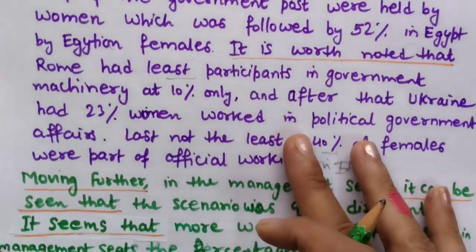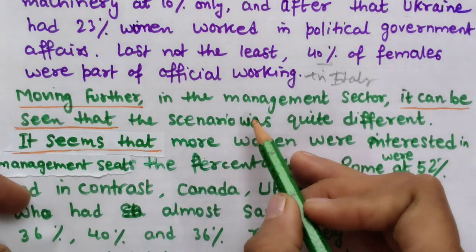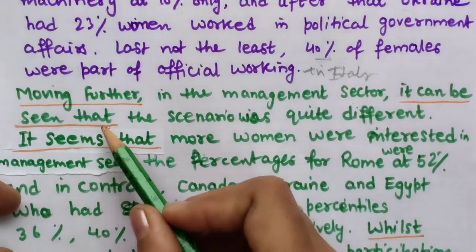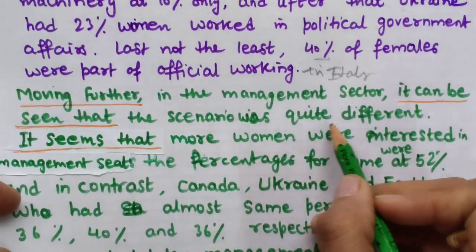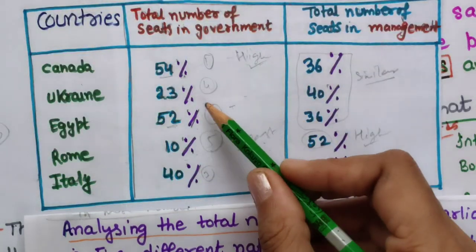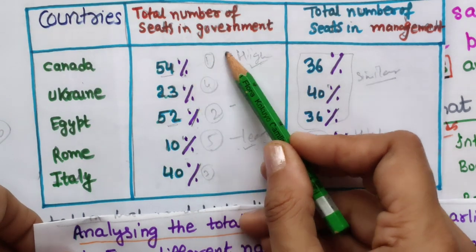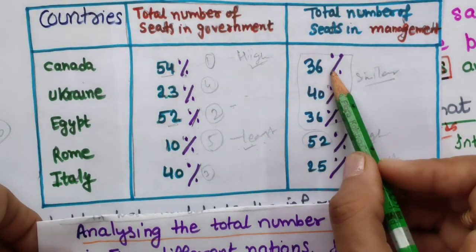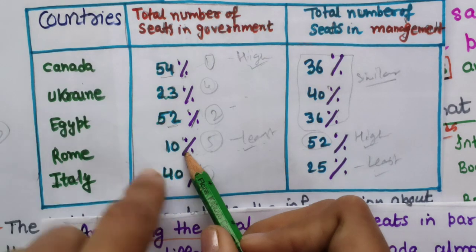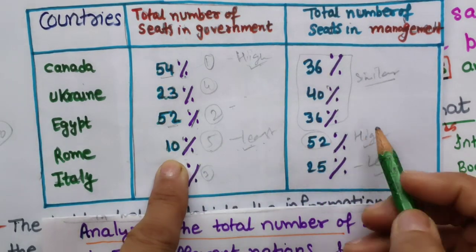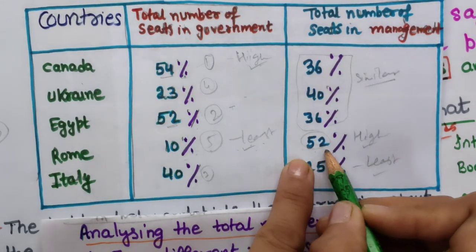Now coming to the next category, that is total number of seats in management. See what I have written. Moving further in the management sector, it can be seen that the scenario was quite different. Where more females were working in government, the opposite is there in the management sector, where less women were working in government, and in the management sector more women are working.